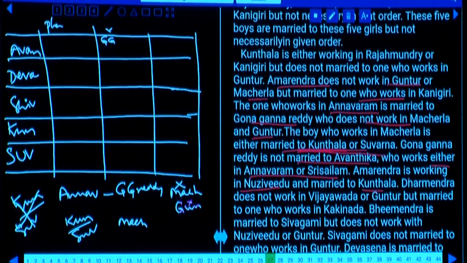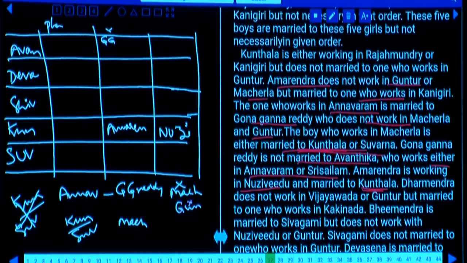Amarendra is working in Nuzuveedu, and married to Kuntala. Then what is the other information we have?